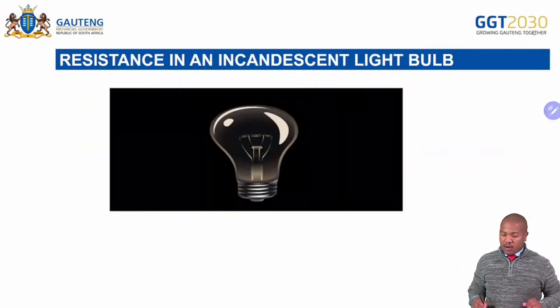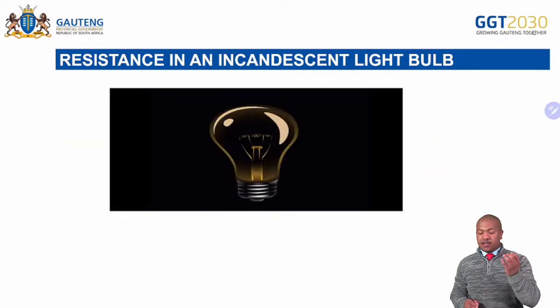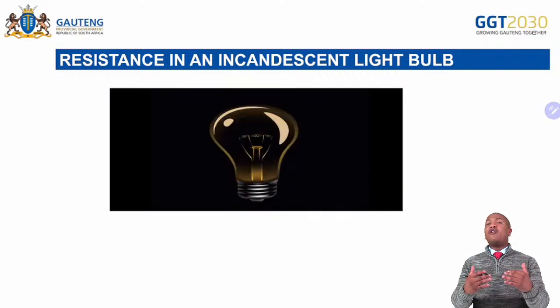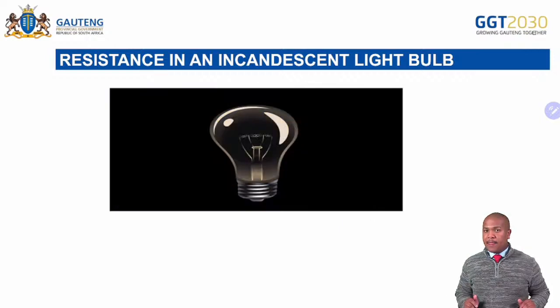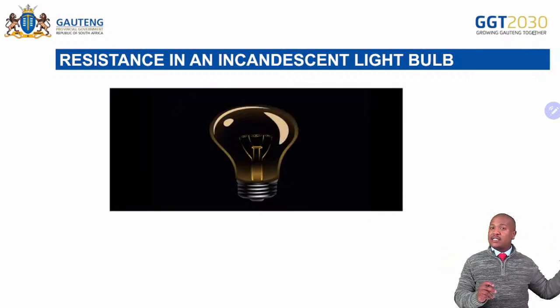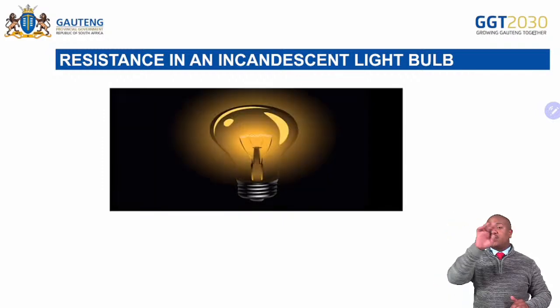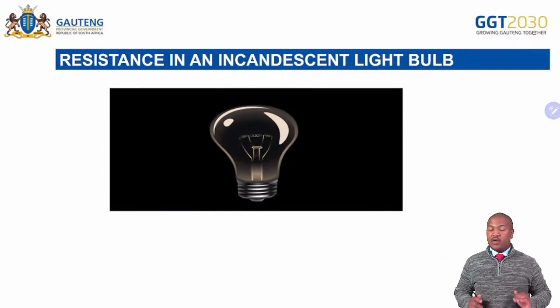Here is an example of an incandescent light bulb that we know of, right? Also, it is part of a circuit, right? It is connected in conductors or wires to transport this electrical energy into it.